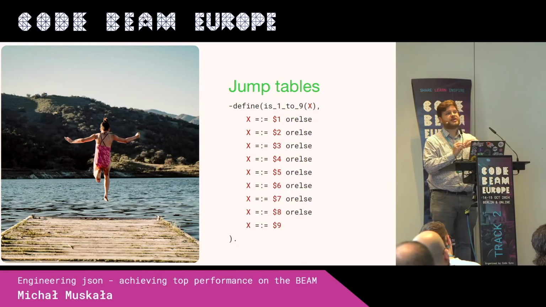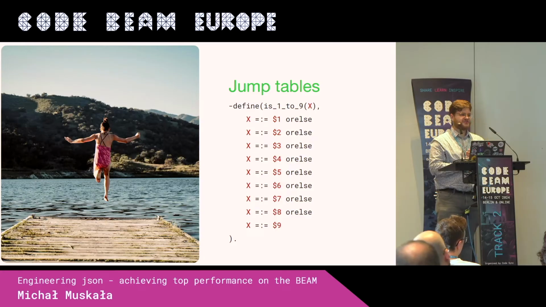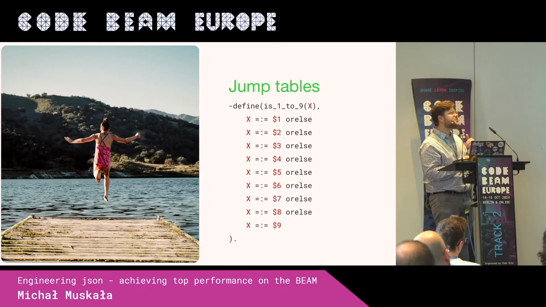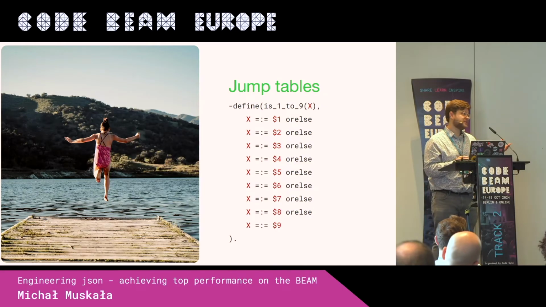But in particular, if you have a sequence of checks like that, for example, you check first if it's 1 to 9, then if it's A to Z, and something like that, it might actually be more efficient to explode those checks and compare with each value separately, because then the compiler emits slightly different code, commonly referred to as a jump table, that ends up being more efficient in practice.